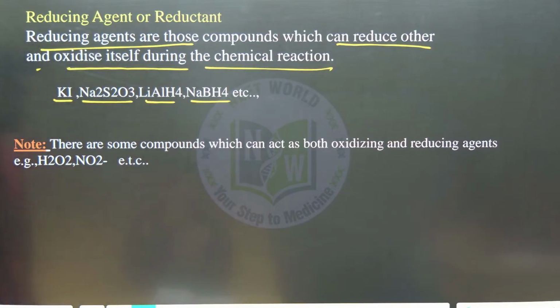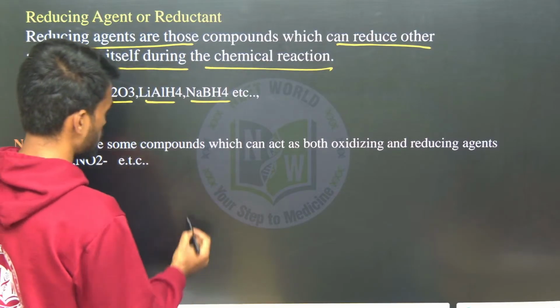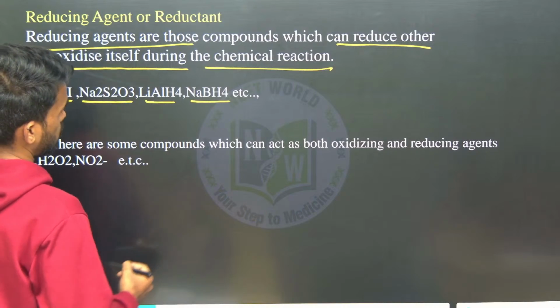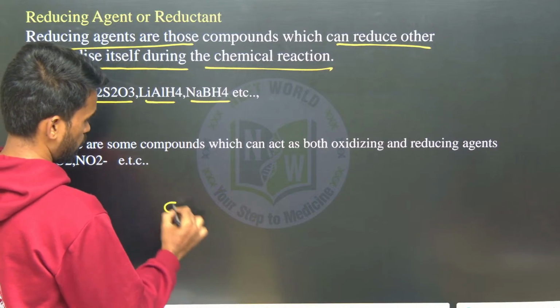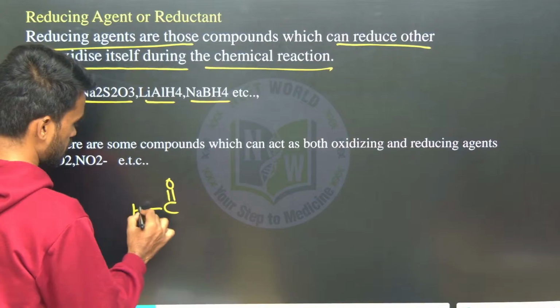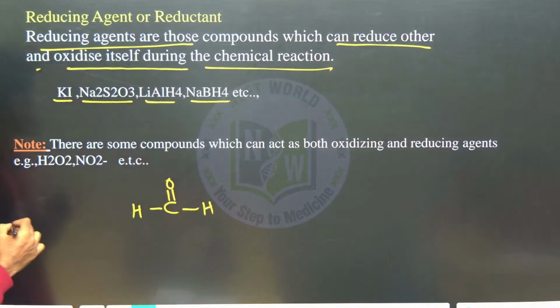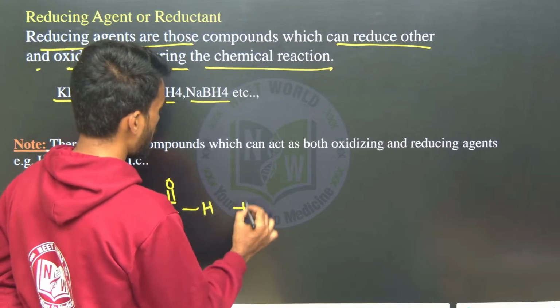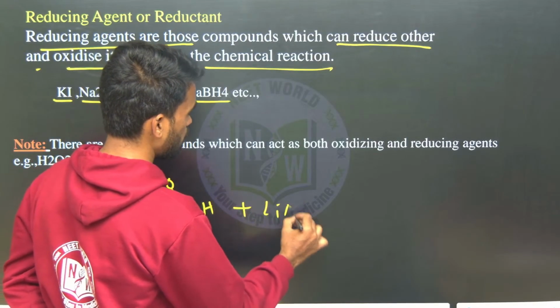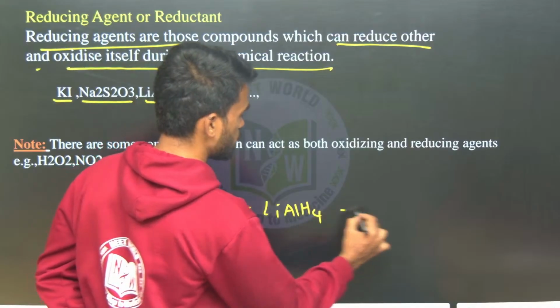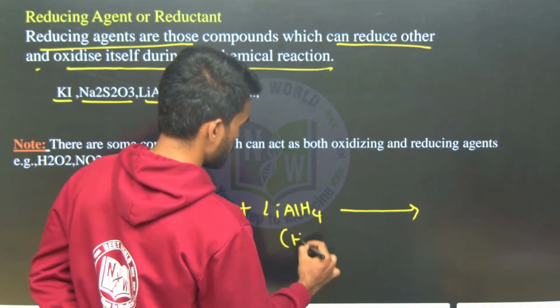For better understanding, consider this. We have some formaldehyde, and to this I am adding lithium aluminium hydride. This is an organic reaction, so you can understand it very easily.